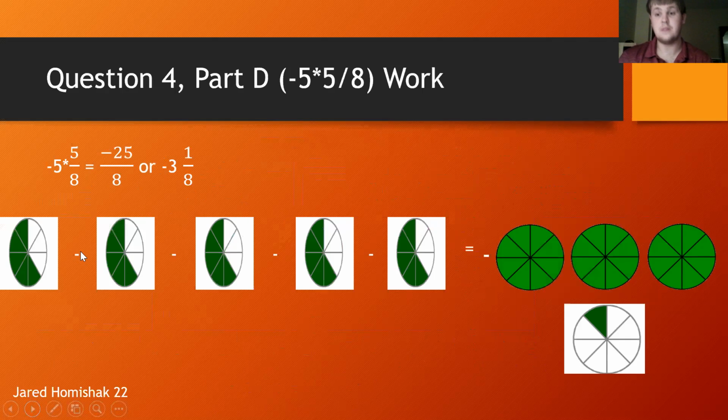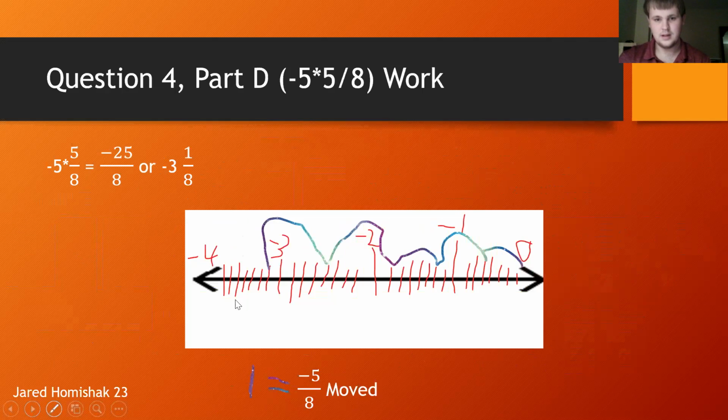The only difference is we're subtracting because we need to go to the left of 0. So our final answer will, of course, be negative 3 1/8. And see, here it is in better view. We're going to the left. So negative 5/8, negative 10/8, negative 15/8, negative 20/8, negative 25 over 8. Same thing, you're just going to the left.